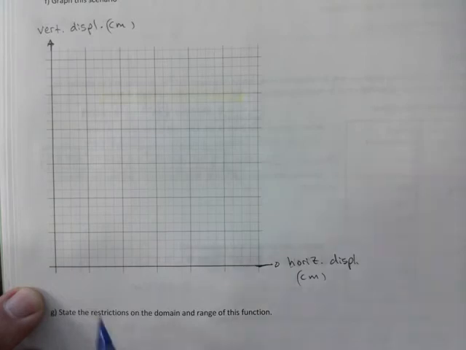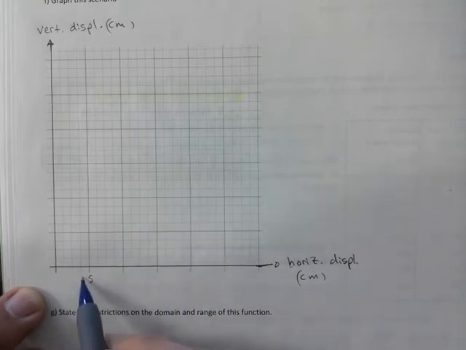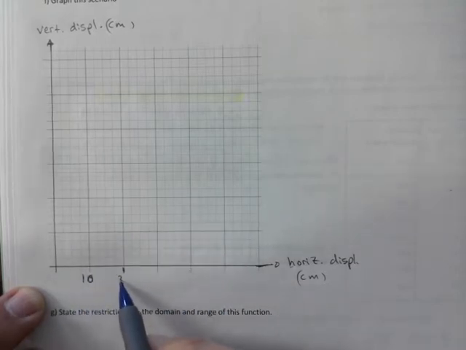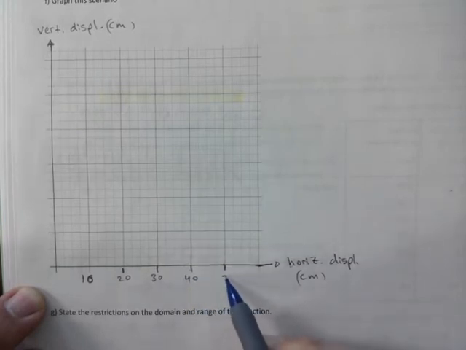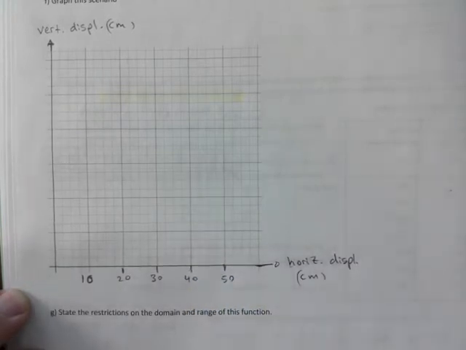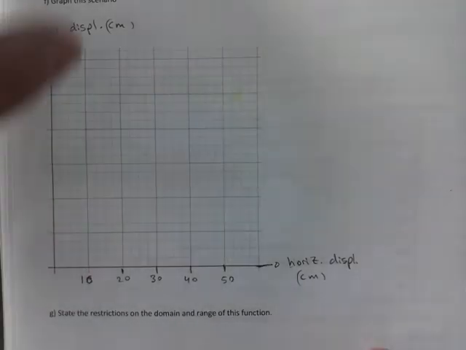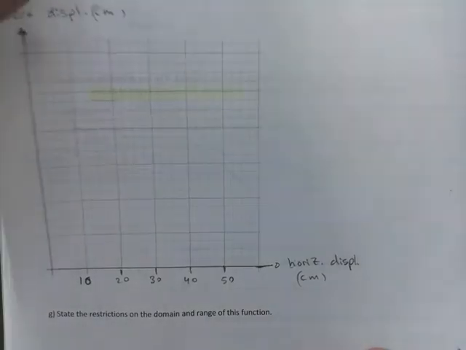If I remember correctly, I have to make sure I have 45 here. So 5, 10, 15, 20, that's not going to work. So I'm going to go 10, 20, 30, 40, 50. That works. And what's the highest I go on my Y? I actually don't think I found the max. Did I? I did find the max.